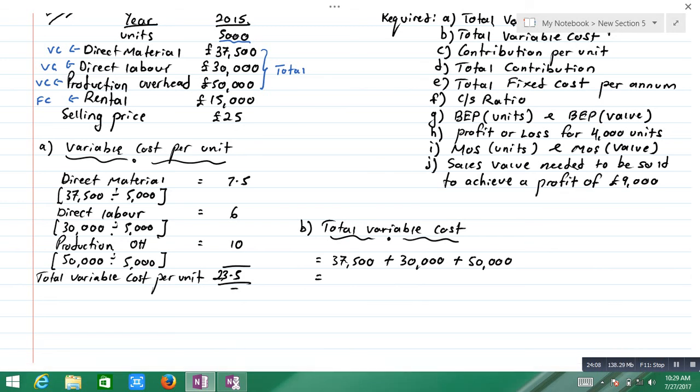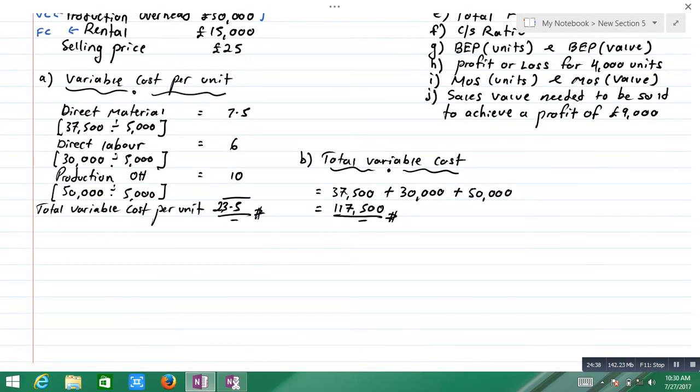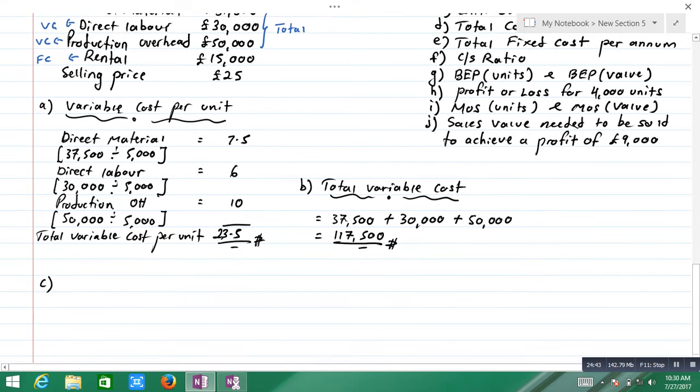Okay, so now next, C, contribution per unit. Contribution per unit is selling price minus variable cost per unit.